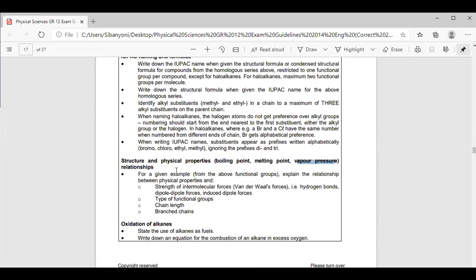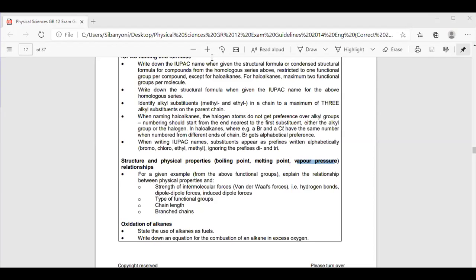with regards to the strength of intermolecular forces or the chain length altogether, and the types of intermolecular forces that we get as well.